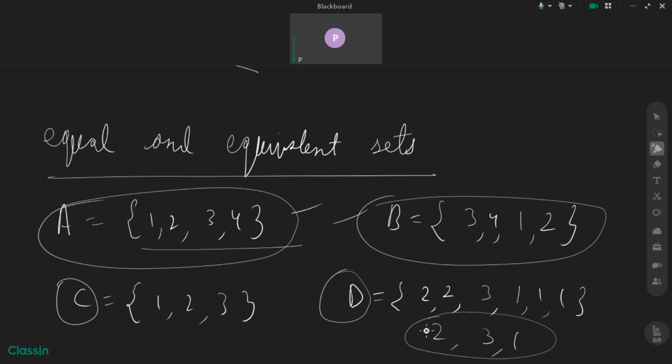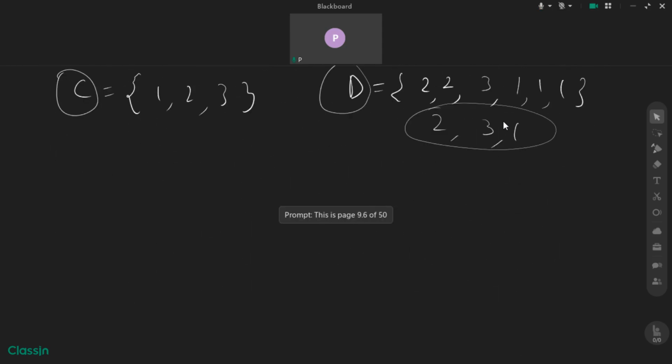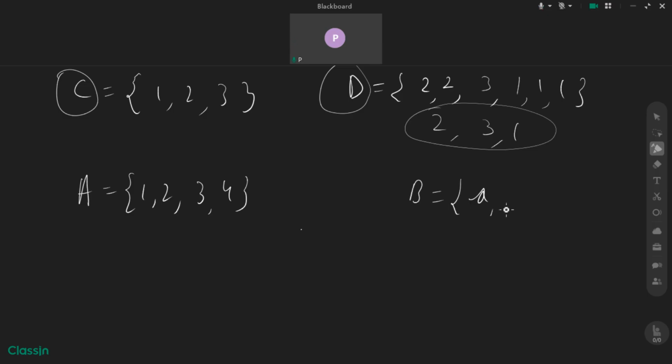Now let's move to equivalent sets. Two sets are equivalent if they have an equal number of elements, but the elements are not the same. Elements will be different. For example, I have a set A equal to 1, 2, 3, 4, while I have a set B equal to a, b, c, and d.